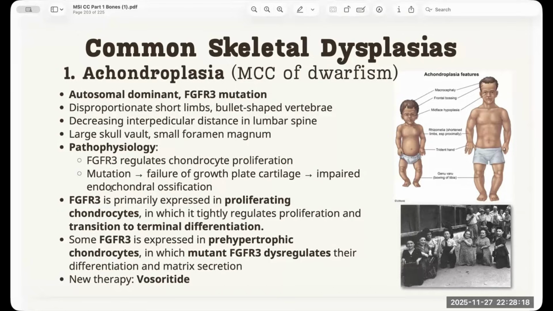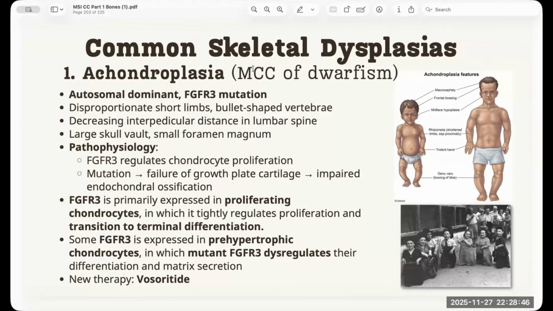The FGFR3 is primarily expressed in proliferating chondrocytes, and it tightly regulates proliferation and transition to differentiation. Some of the FGFR3 is expressed in pre-hypertrophic chondrocytes, and the therapy is actually a new therapy. Okay, I've added pictures here, and this is how they look.